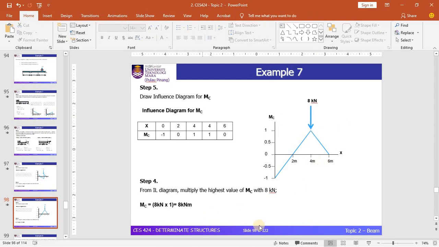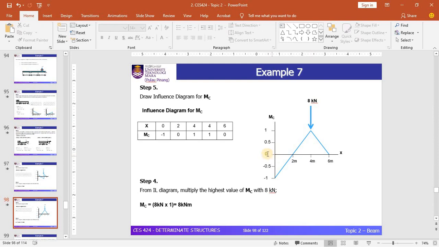By multiplying this 8 kilonewton load with the factor, which is the offset of this point from the vertical axis, it gives us the value. Multiplying this by 8 kilonewtons, you can see that the maximum positive moment at point C is equal to 8 kilonewton meter. This maximum positive moment will develop when the load is positioned 6 meters from the free end.